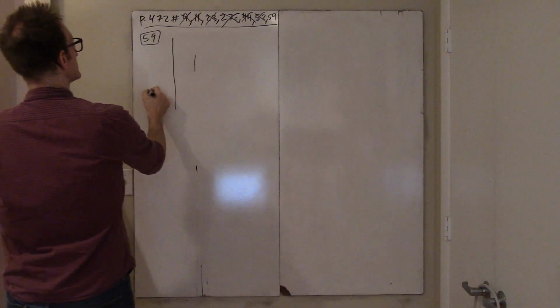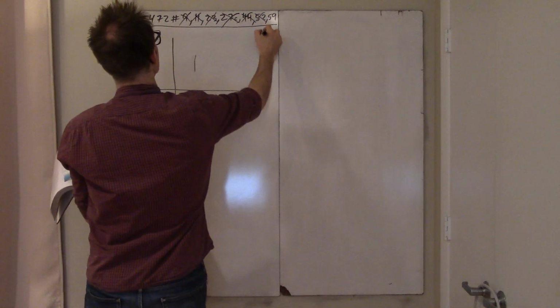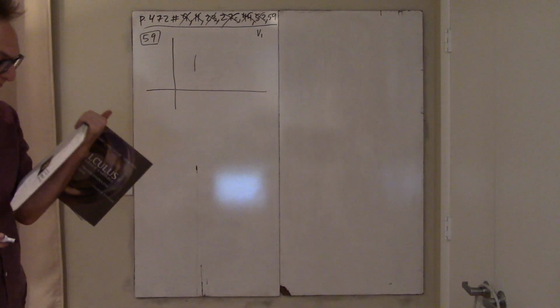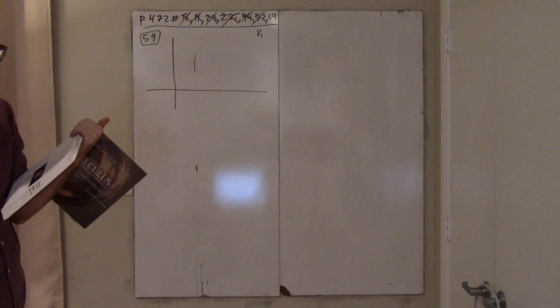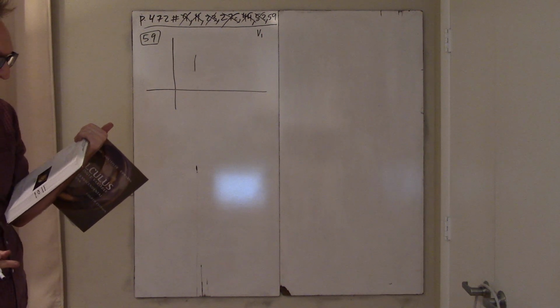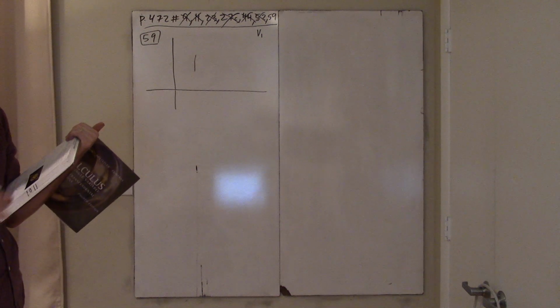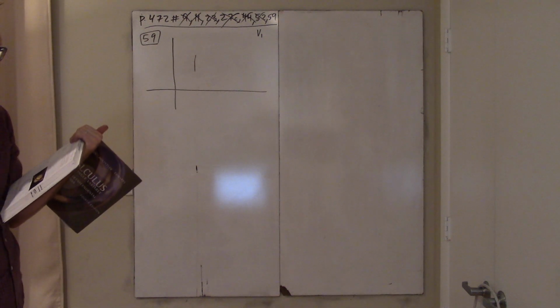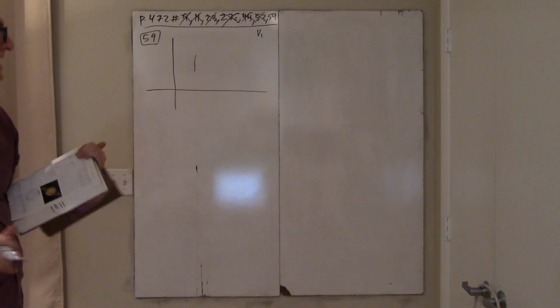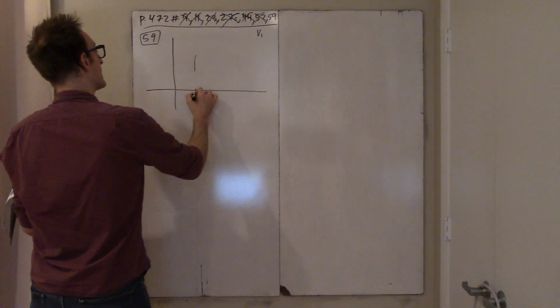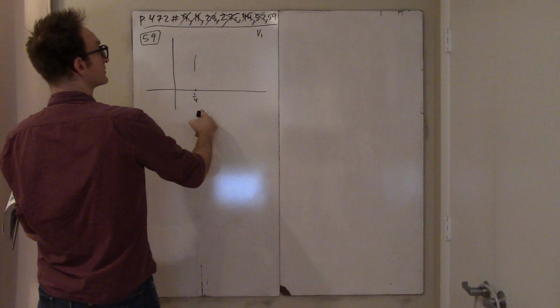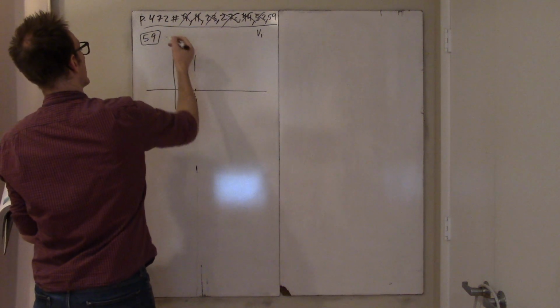Okay, well first I'll do the x-axis. So this is going to be V1. So what am I doing again? I am taking the curve y equals 1 over x between y equals 0, so the x-axis, x equals 1/4, and x equals c. When I plug 1/4 into y equals 1 over x, I just get 4.